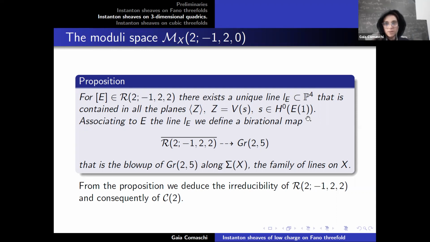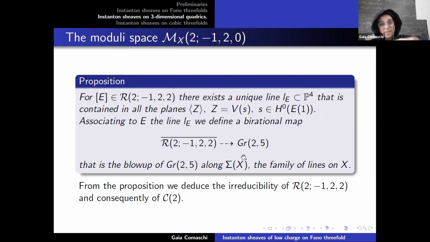In this way, we can describe a birational morphism from our moduli space of reflexive sheaves to the Grassmannian of lines in P4. We are just taking a sheaf E and mapping it to L_E, the line that meets all these conics. And this map is nothing but the blow-up of this Grassmannian along the family of lines on X.